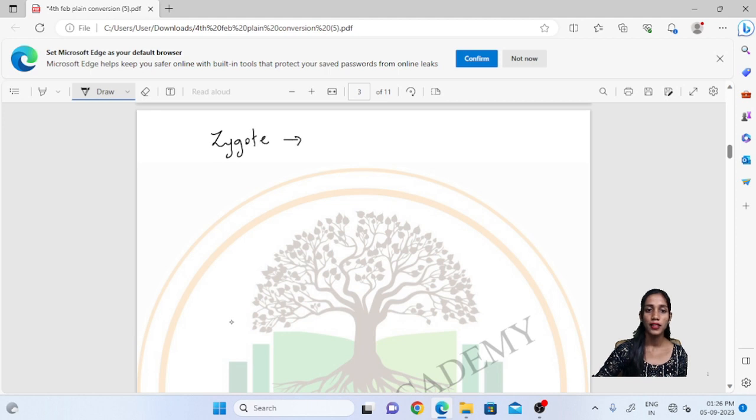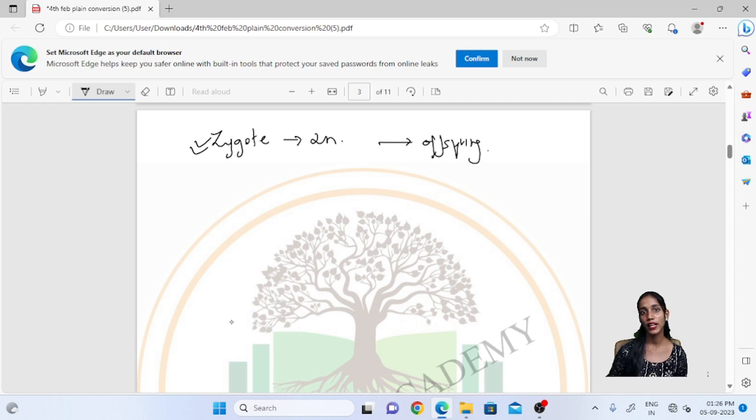Okay, and this zygote is diploid. Now further, what happens to the zygote? The cycles, the development of the zygote to the offspring, depends upon the organism.